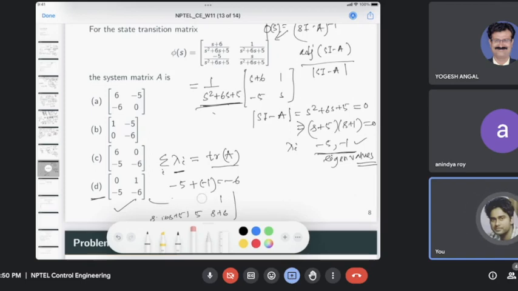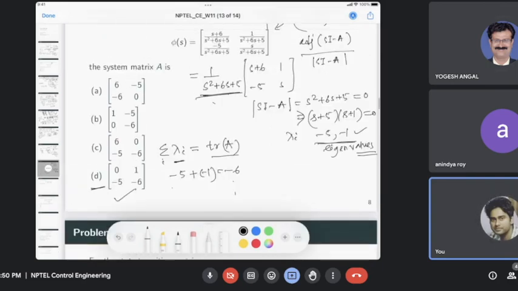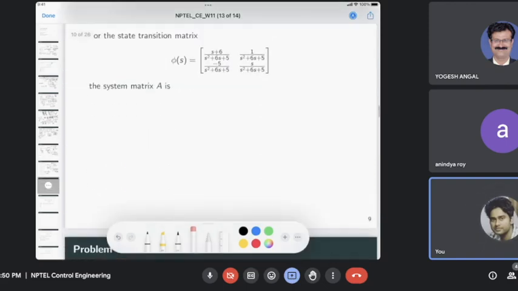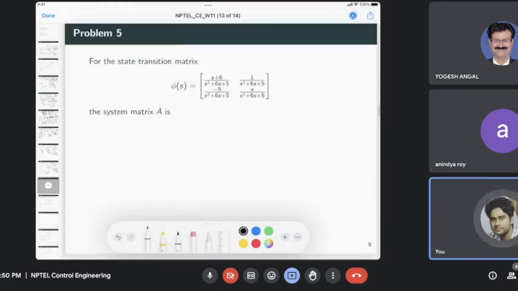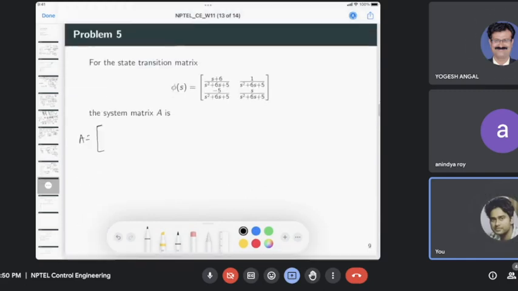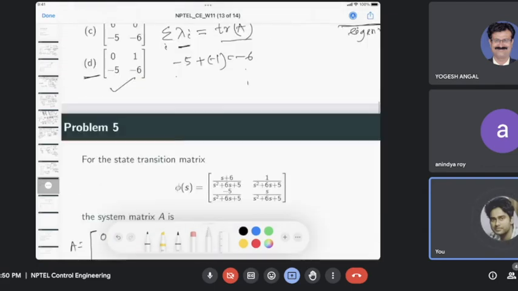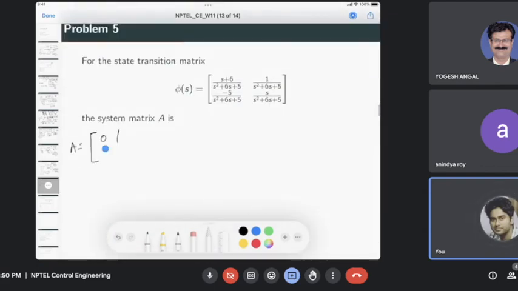This is just the adjoint of that. I have space here, I can write that. So for the last matrix, what is given? A equal to 0, 1, minus 5, minus 6.